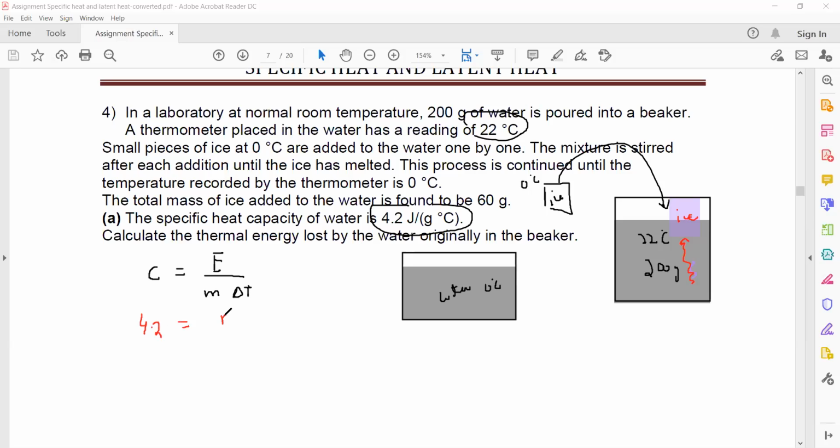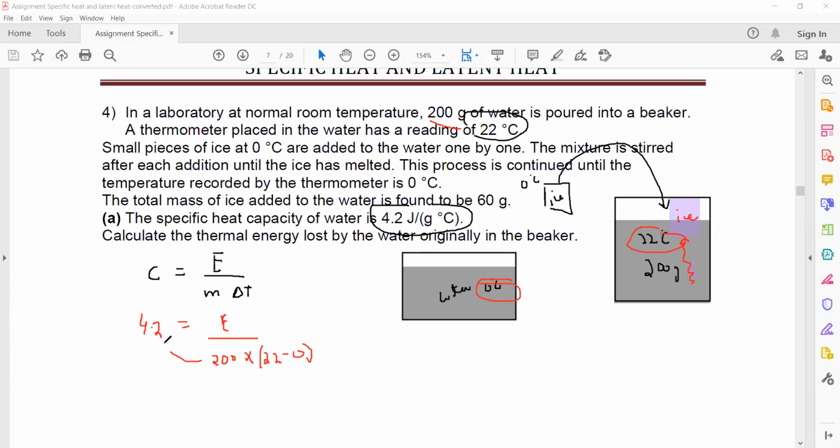Energy we are finding. What is the mass of the water originally in the beaker? It's 200. Now what is the change in temperature for water? It started with 22 and the final temperature is 0. What's the change in temperature? So it's 22 minus 0, which is 22 itself.